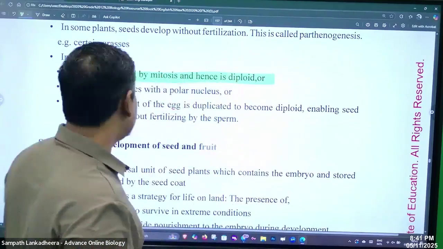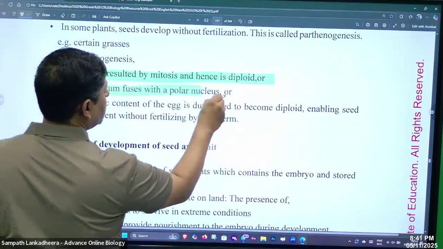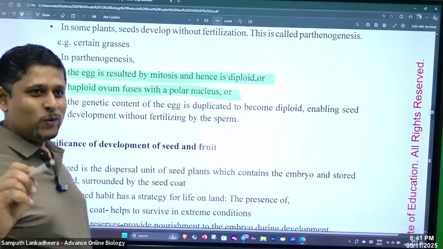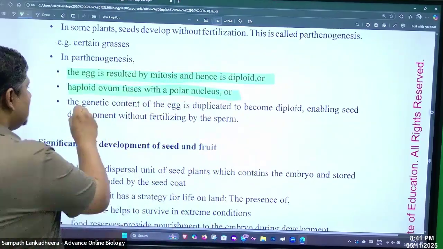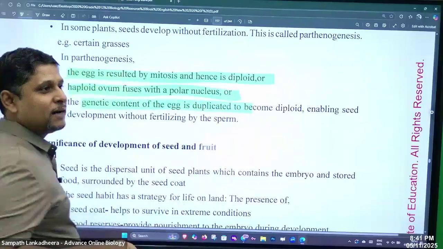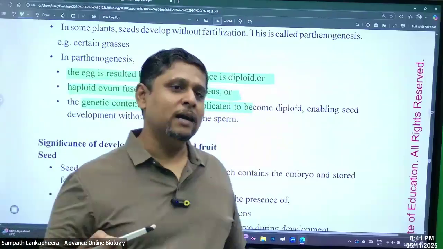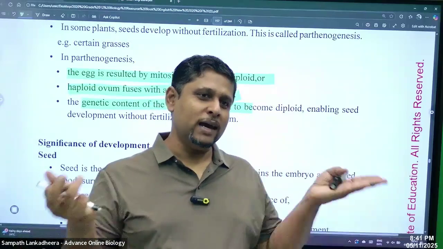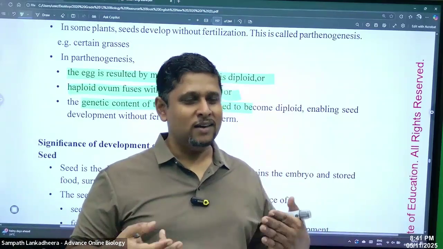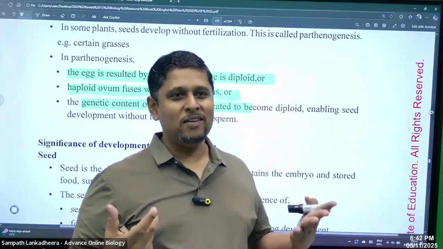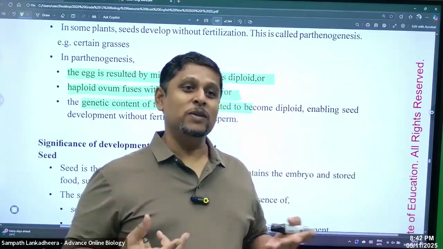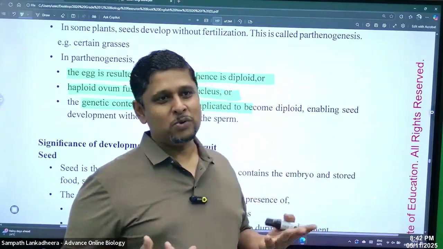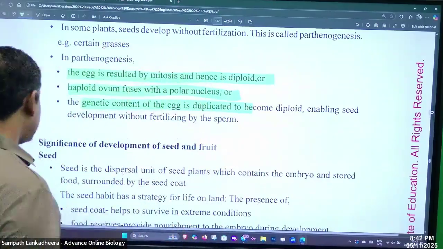Or else a haploid ovum fuses with the polar nucleus. Third method, the genetic content of the egg can be duplicated. The n egg becomes 2n. It makes two nuclei and those two nuclei fuse together. So somehow it can develop into a seed without a fertilization process. That is parthenogenesis.